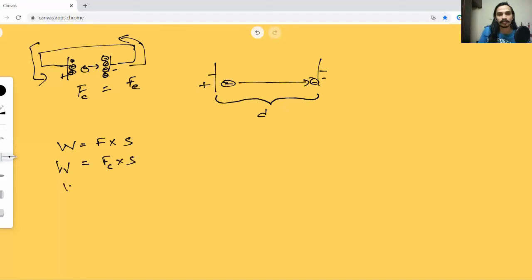How much is this displacement? In the conductor, we took a length L of conductor and calculated it for that. But over here, our battery's length is set. It is the distance between the two terminals, which we call D. So work done is nothing but Fc into D, chemical force into the distance.